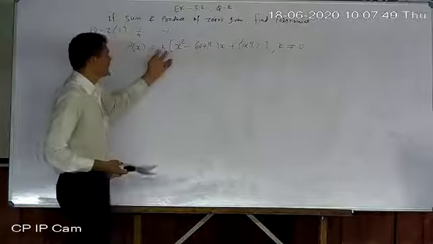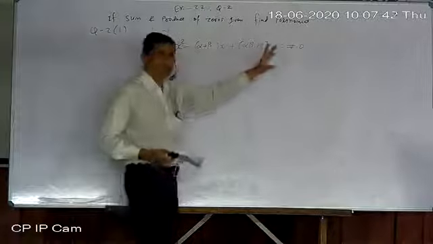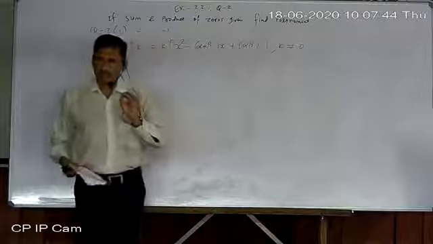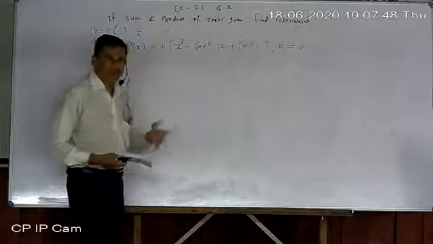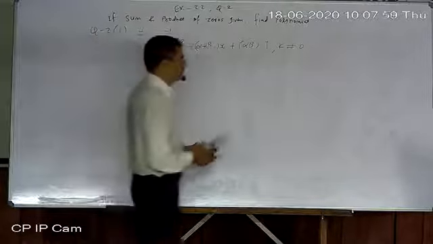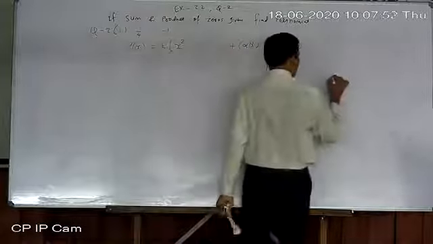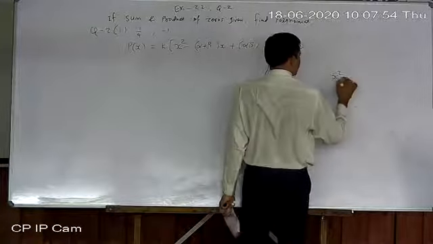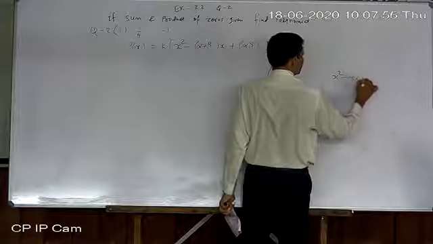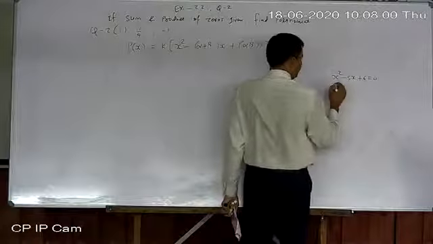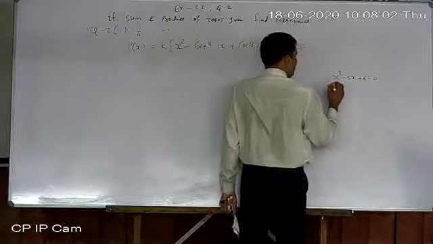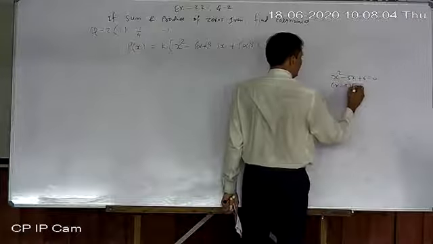Now what is meant by k? Actually that is not important for us, but what is the real meaning of k? Okay, I will tell you. Suppose you are given x square minus 5x plus 6 equal to 0. Then you will factorize this like this: x minus 3, x minus 2.